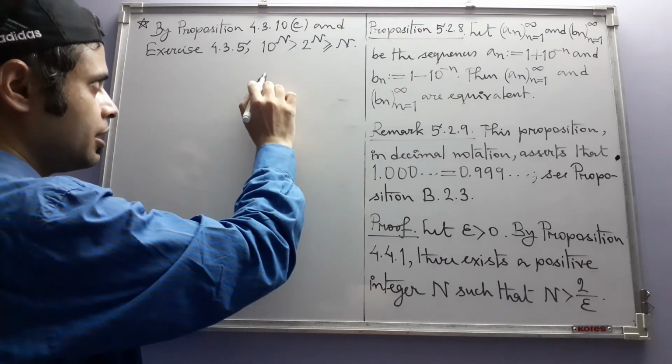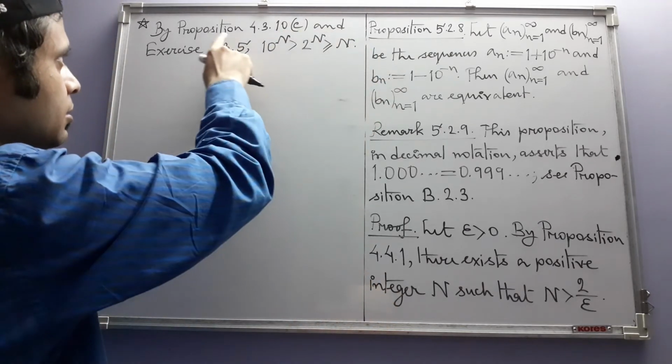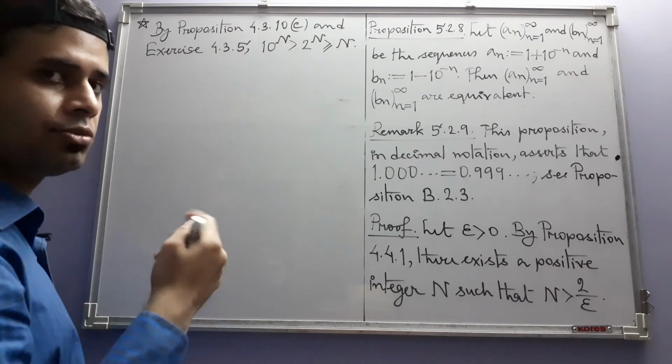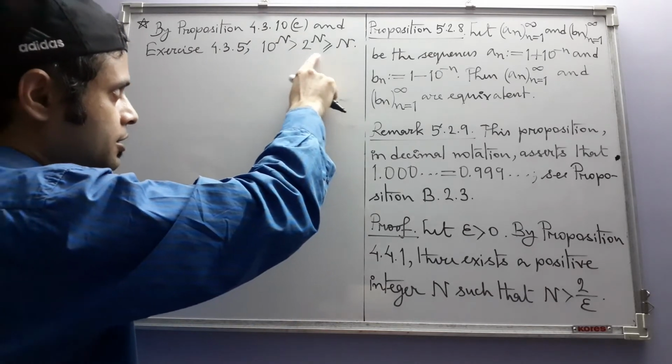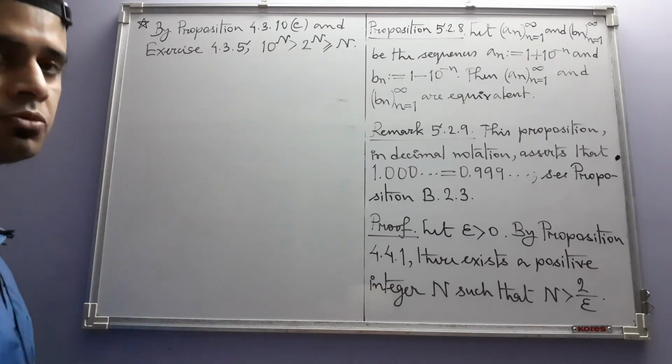That is, since 10 is greater than 2, so 10 to the power n is greater than 2 to the power n. Proposition 4.3.10 C justifies that. And this second inequality is what we proved in exercise 4.3.5.